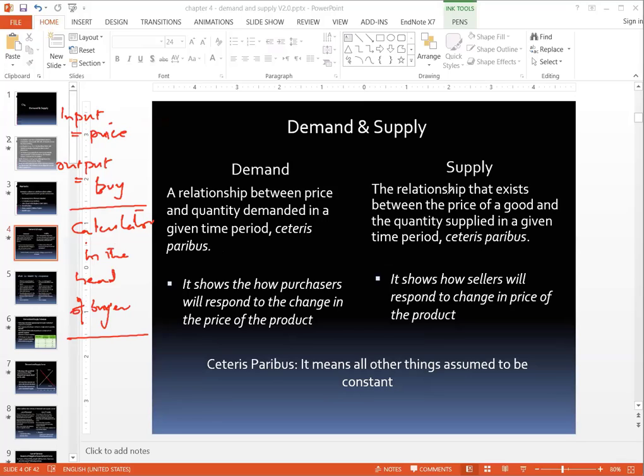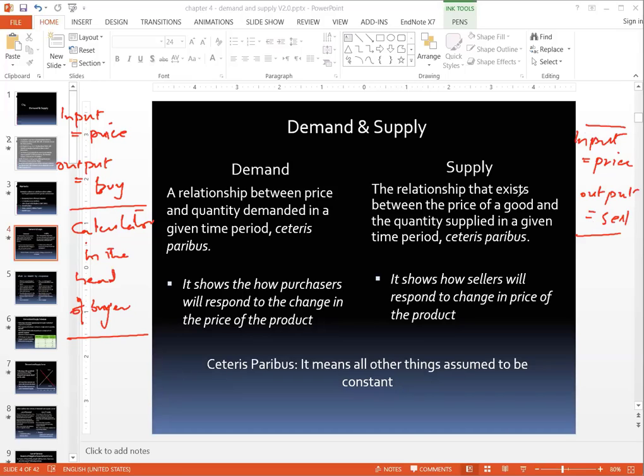Similarly, for a seller, the relationship between the price of the good and quantity supplied in a given period of time, ceteris paribus, meaning assuming other things constant, is called supply. It tells us how sellers will respond to a change in the price of the product. Opposite to that, there is an input, the price, and the output is how much to sell.